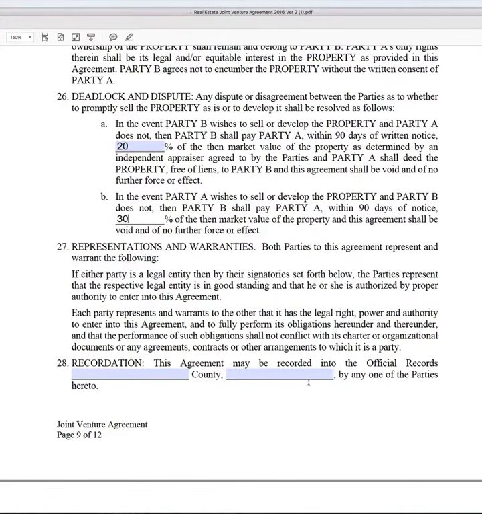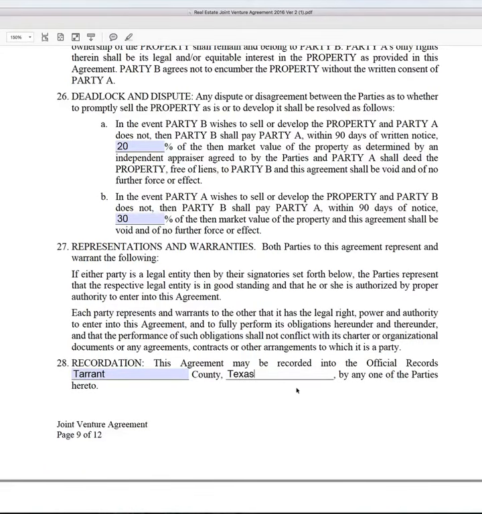Recording this document. Now, this is something to consider. This document should be recorded in the county where the property is located. So if the property is located in Tarrant County, Texas, then I would record this document there. And this then puts the world on notice. You record it against the property, that there's a joint venture agreement on there.